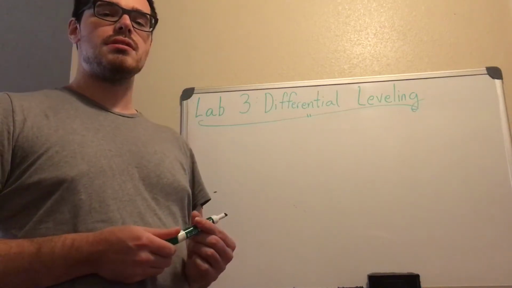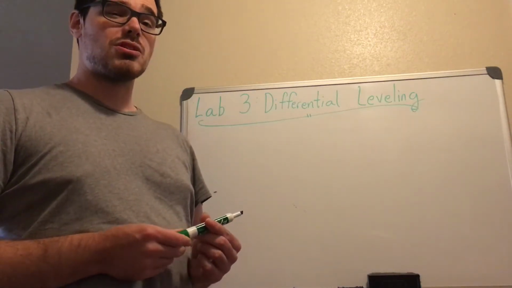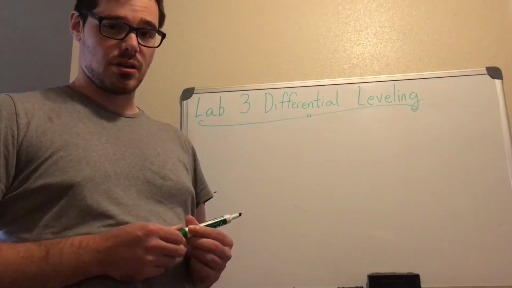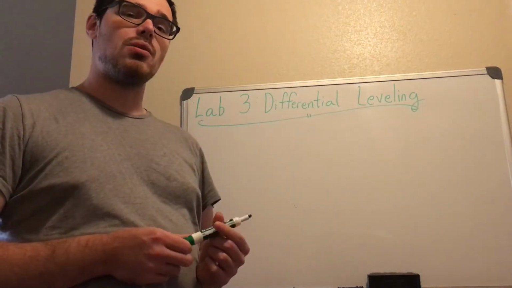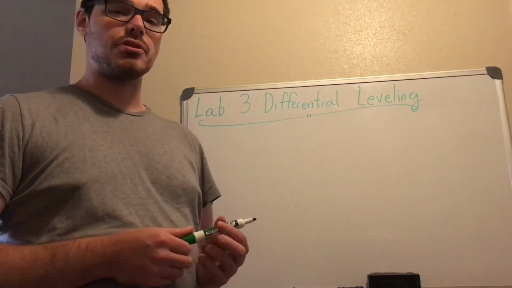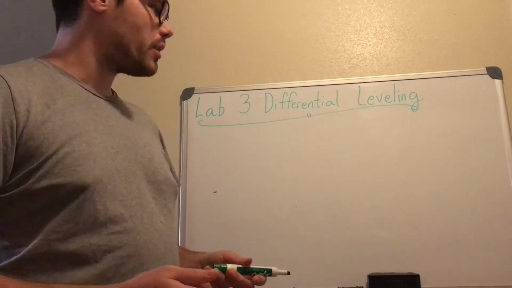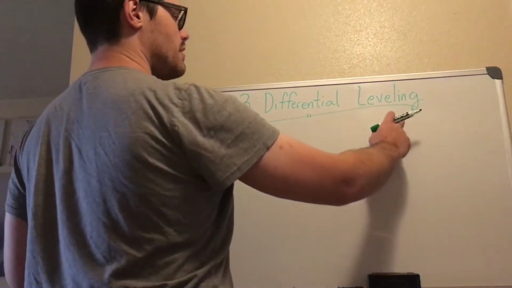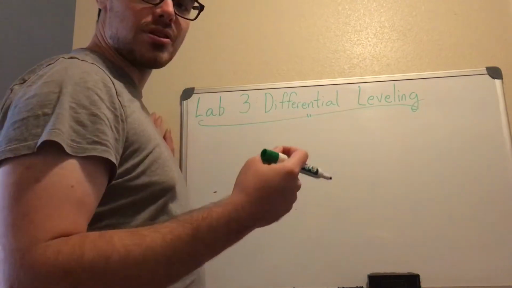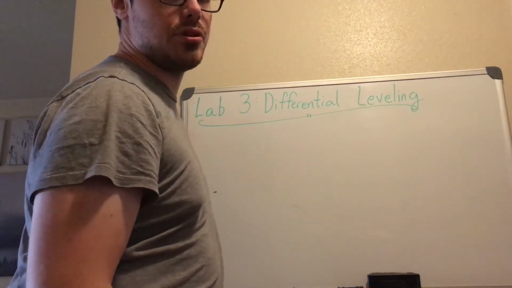Hello CE8 students. In this video I want to discuss what backsights and foresights are so we can better understand what we're measuring whenever we do our differential leveling circuits. So we've already discussed that in differential leveling the idea is to establish new benchmarks for future use.